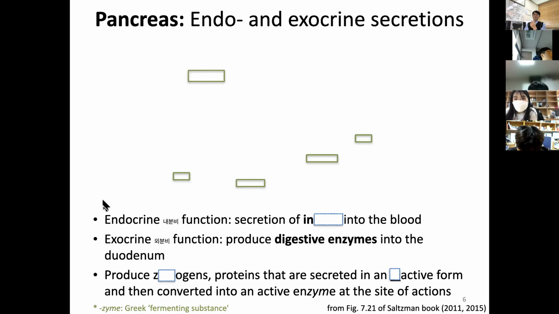All right. Now let's get into the pancreas. You guys know the pancreas is very important, but mostly in cancer biology, for over decades, the 5-year survival rate of pancreatic cancer is still like 5 to 7%. It never changed.